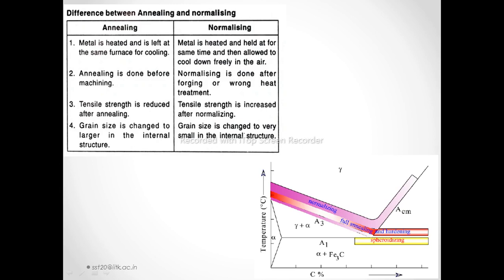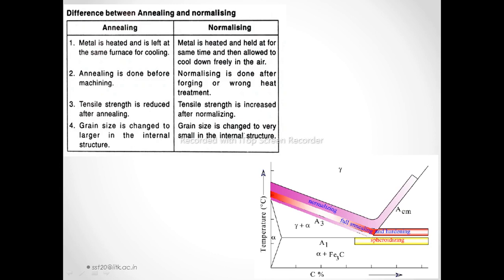Normalizing can be done after forging or rolling to enhance ductility or to get a refined grain size in the sample. Tensile strength is reduced after annealing, whereas tensile strength is enhanced during normalizing. Grain size becomes large in the internal structure in annealing, and very small in normalizing.